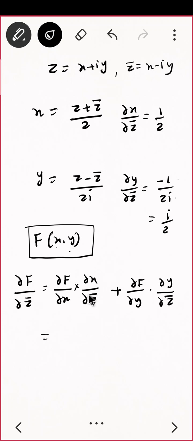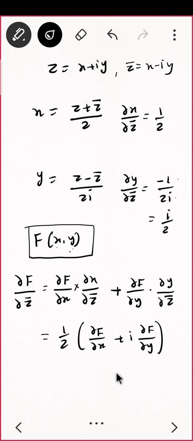So can I substitute it here? Can I write this as 1 by 2 times dou f by dou x plus i times dou f by dou y? Can I do that? Yes? Nice, no?